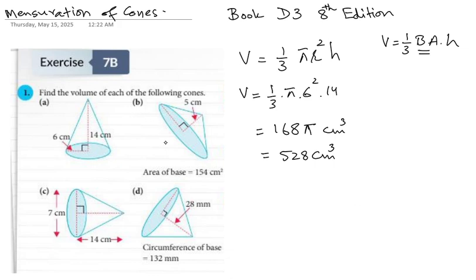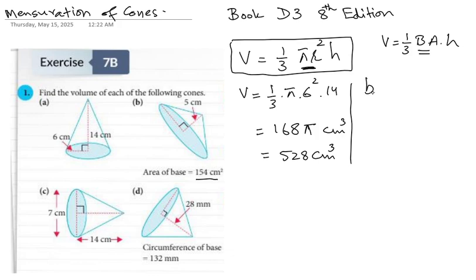Similarly, in part B, we are already given the area of the base, 154 centimeter squares. So using this formula, keep in mind that pi r square is the area of the base. So we don't need to find out what the value of r is. And so part B becomes volume equals 1 over 3.